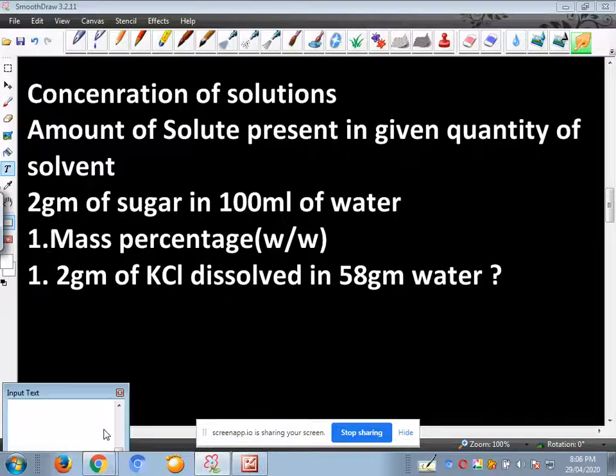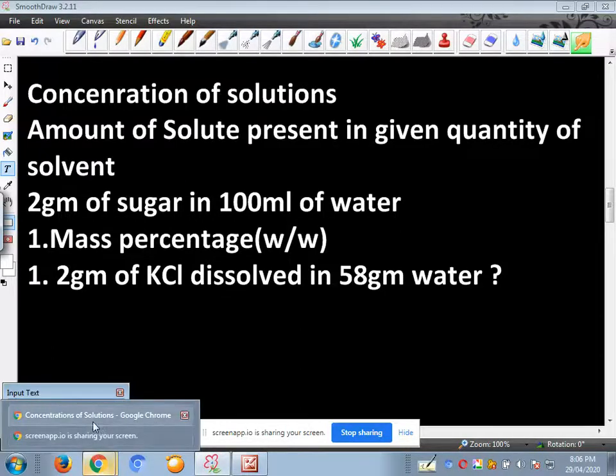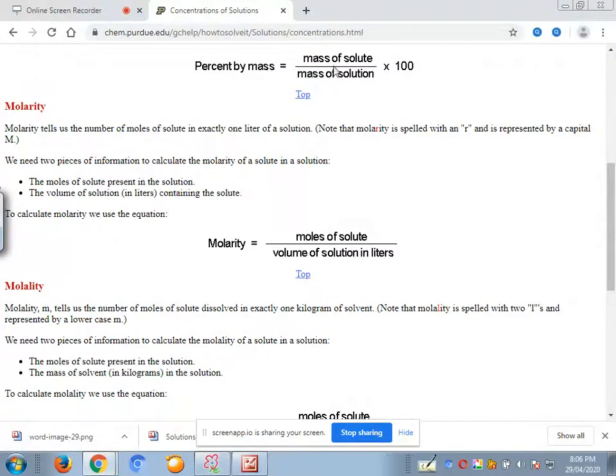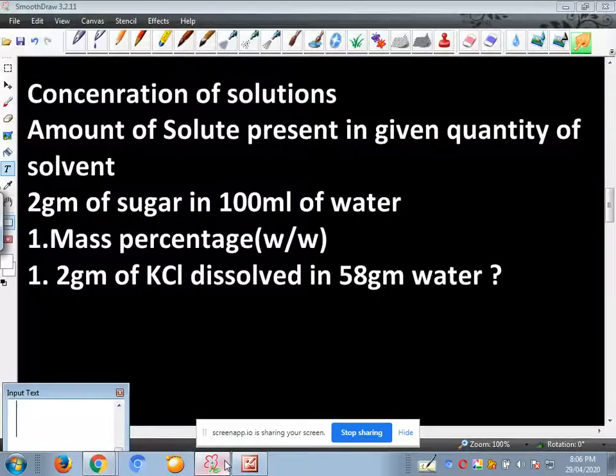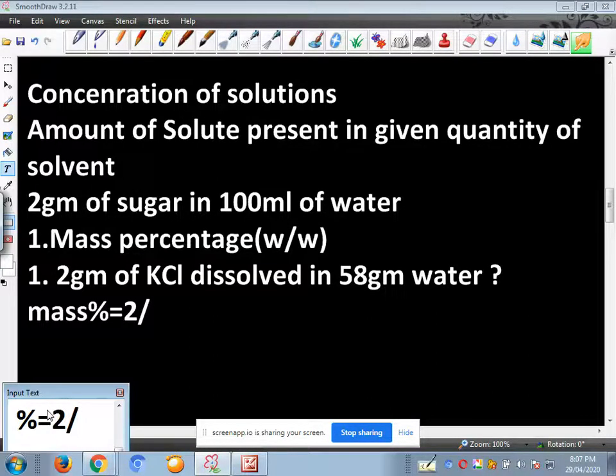What is the formula to be applied? The formula is mass of solute divided by mass of solution, into 100. I will also solve simultaneously. Mass percentage equals mass of solute, which is 2 grams, divided by mass of solution.